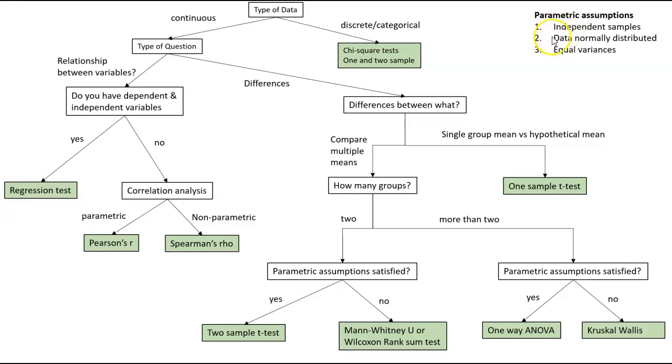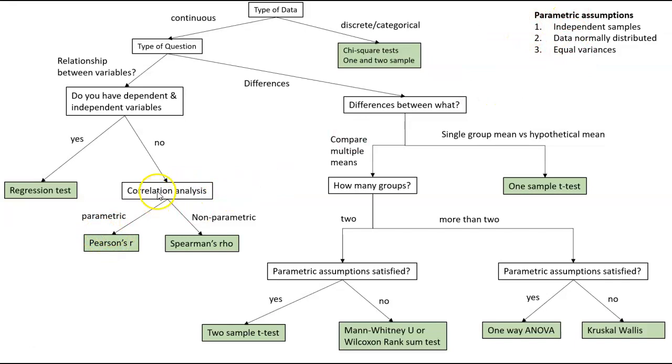Another is that the data is normally distributed, that it follows a normal distribution, and that the variance between the groups is equal. If we are not sure about that, we should use the Spearman's Rho. The Pearson's R, instead, is the parametric test.